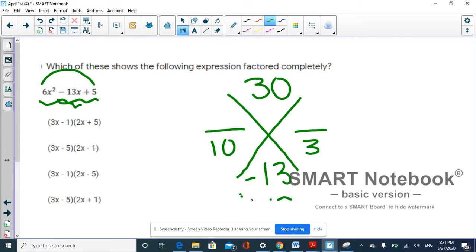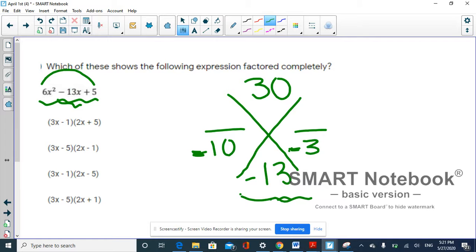So the trick here is to make both of these numbers negative. Negative 3 and negative 10. If we multiply negative 3 times negative 10, negative times negative, positive 30. And if we add them, negative 10 plus negative 3 gives you negative 13.